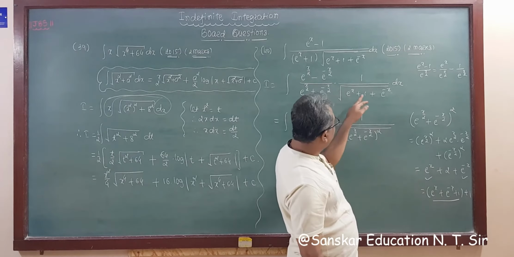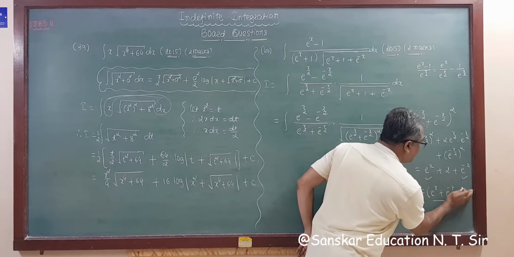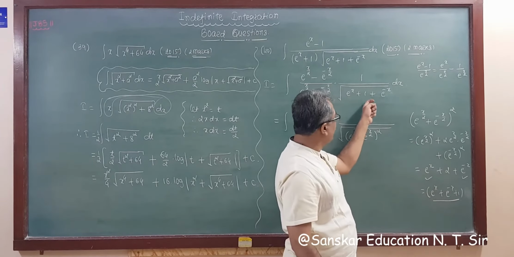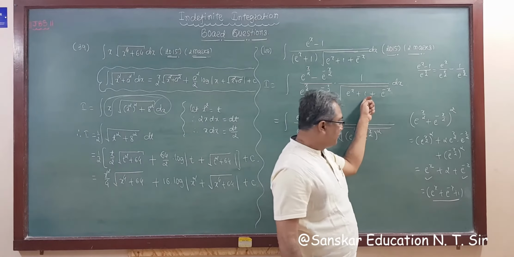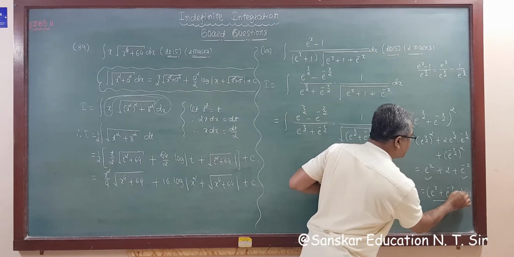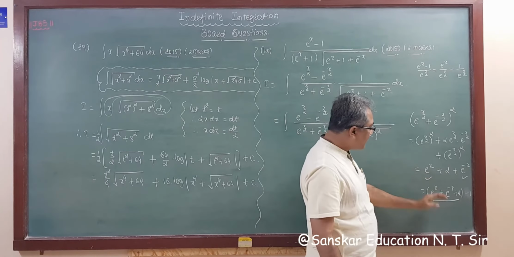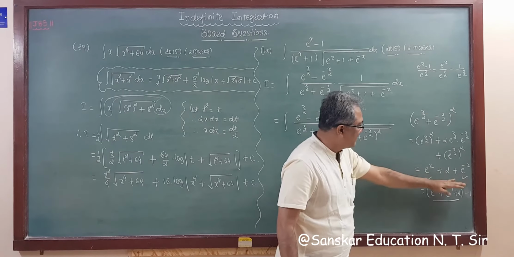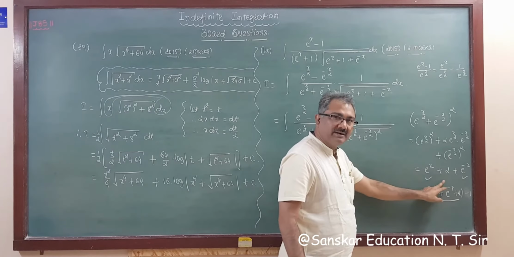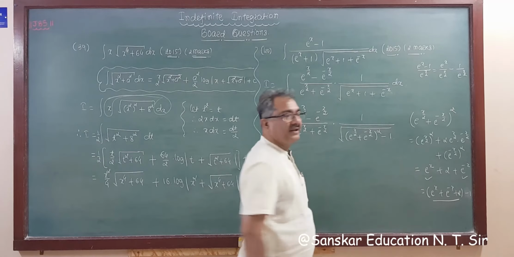But what do we need here? Only 1. So if the answer of this is 2, but we have only 1, we have to subtract 1. So minus 1, and this is plus 2. That means this is the perfect square. We need 1 here, so this is this and minus 1.